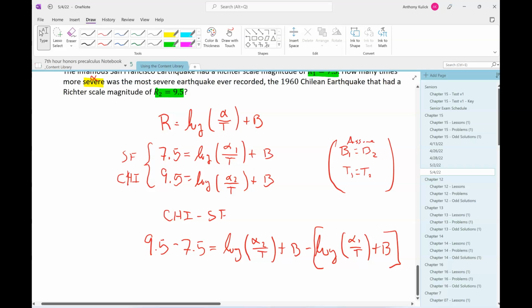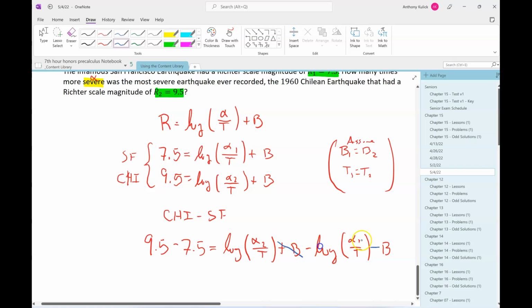Cool with that? All right, notice that we would distribute the negative next. When I do that, what can I do? By distributing the negatives, what does that allow me to do? Cancel the B's, right?